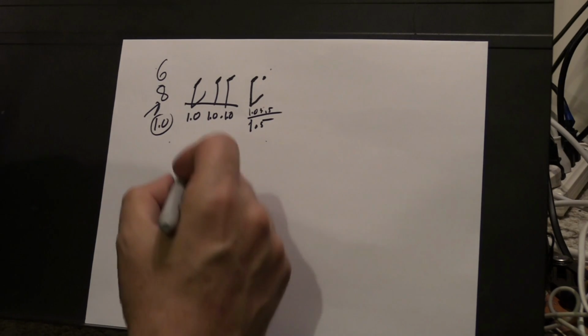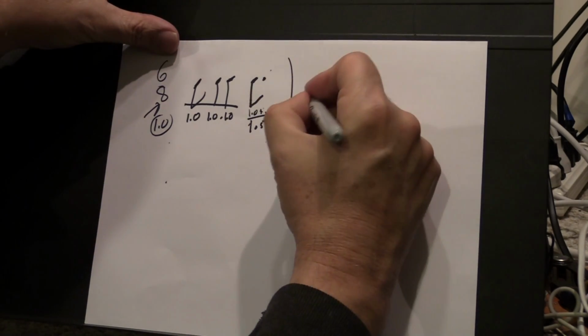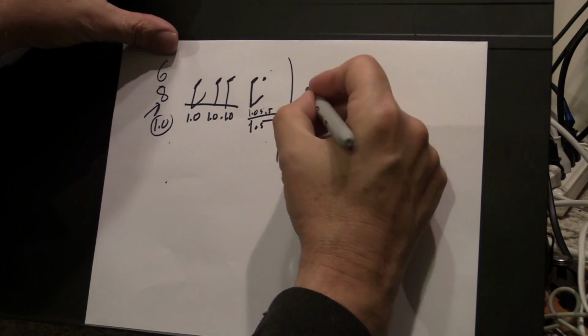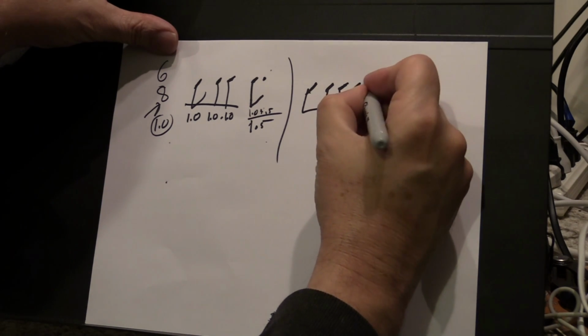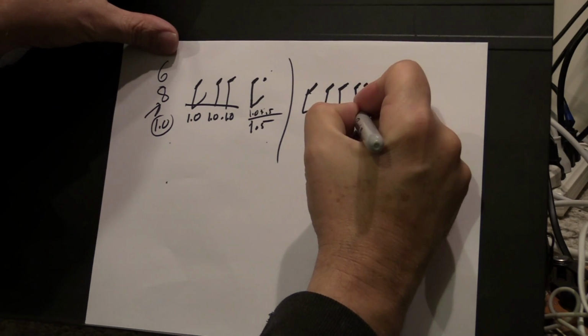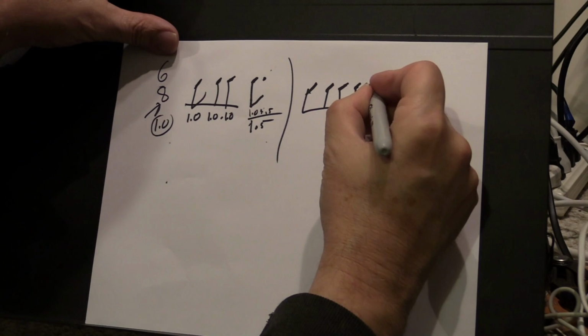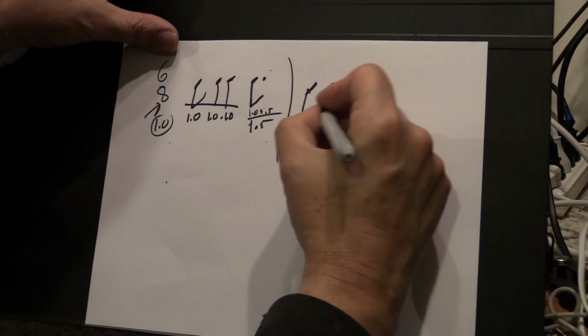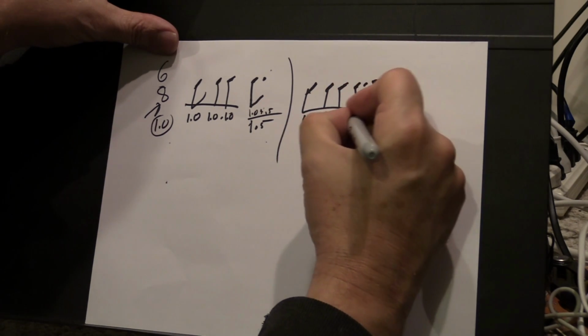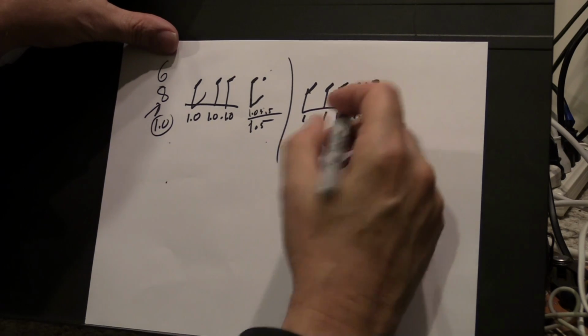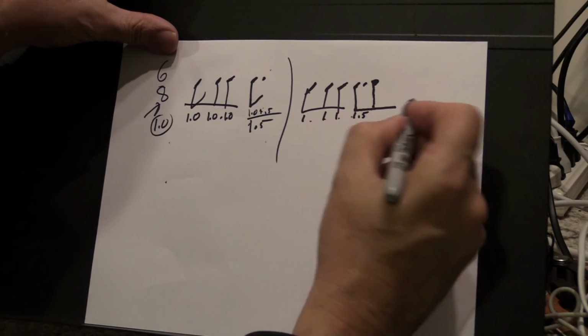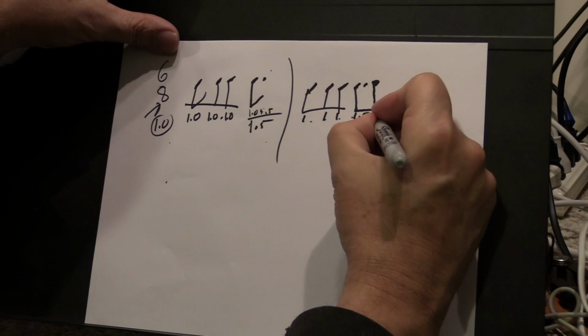All right. So let's do a whole measure of 6/8 right here. 1, 2, 3. So we get 1.0, 1.0, 1.0, 1.5. What do we have left over? 1, 2, 3, 4. So this is going to be 1.0.